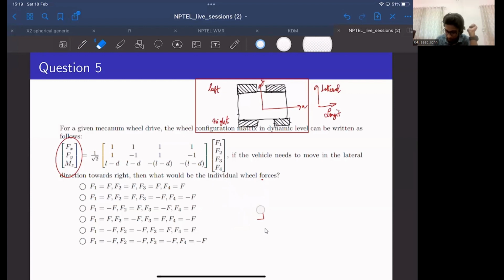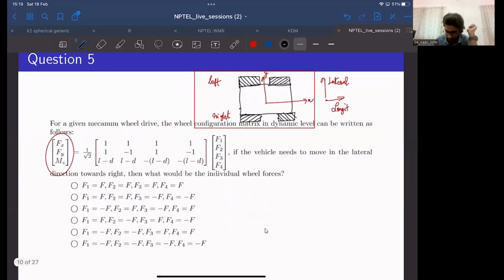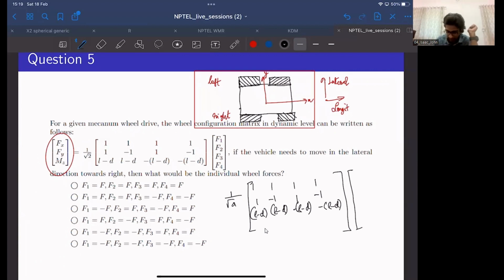So we'll go through the cases. I'm reproducing the configuration matrix over here: 1 by root 2 times 1, 1, 1, 1; 1, minus 1, 1, minus 1; L minus D, L minus D, minus L minus D, minus of L minus D. Again, I'm rewriting our requirement.